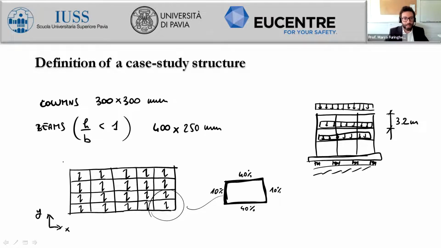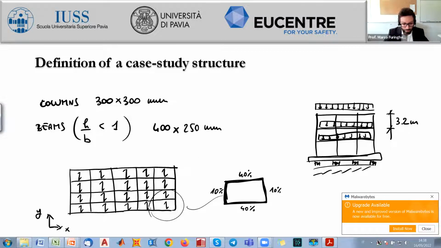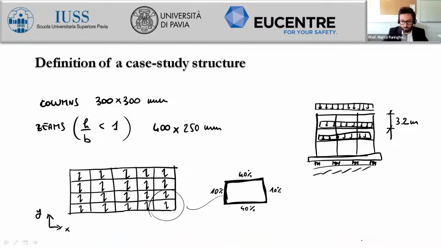Whenever we have an internal beam, we have to sum all the contributions, because we will have 10% coming from here, but also 10% coming from here. This is what we will consider on Wednesday, to apply external loads to the overall structure.